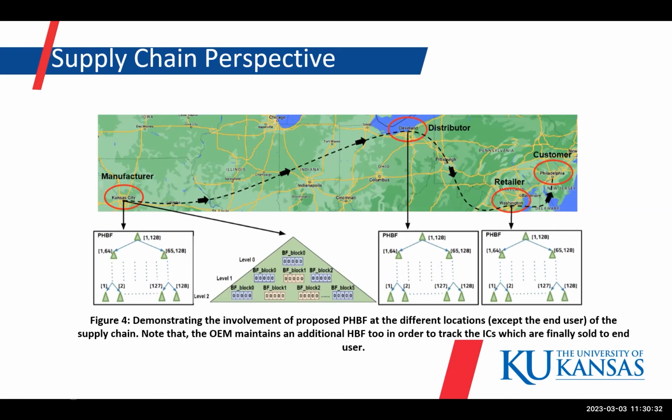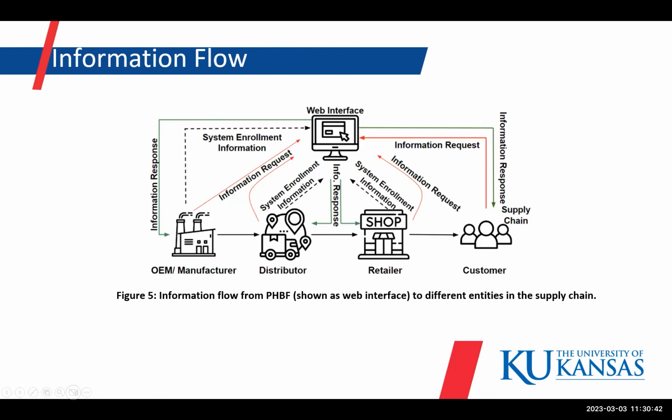But instead of the traditional databases, we are using our PHBF. The entities that are maintaining the PHBFs are connected to a secured centralized server, which constantly updates the ICs that are on their entry so that anyone can have access to the records.